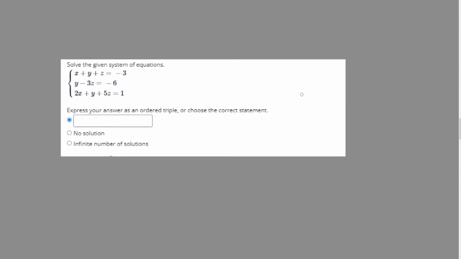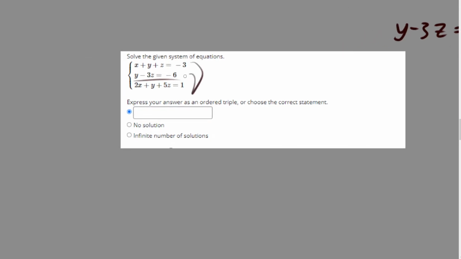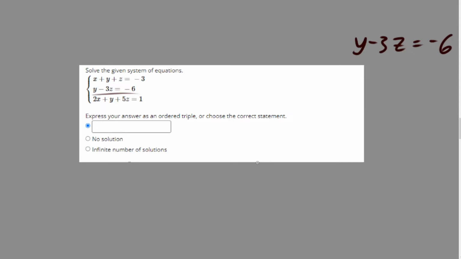Now this one is going to be very similar. Lucky for us, though, we already have basically an equation that we can mess with. We have y minus 3z equals negative 6. So we only need to modify one of our equations, and we need to get rid of x. So we'll take our first one, x plus y plus z is equal to negative 3, and the other one, which gives us 2x plus y plus 5z equals 1.